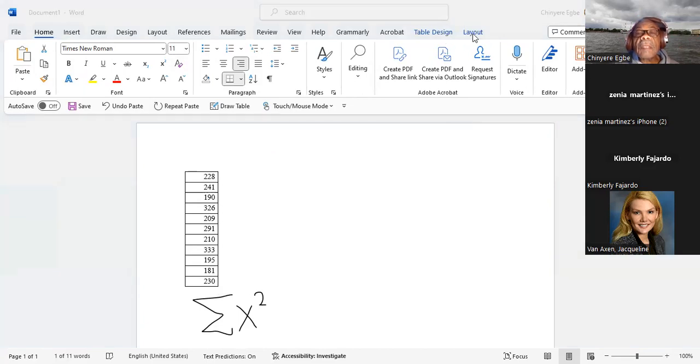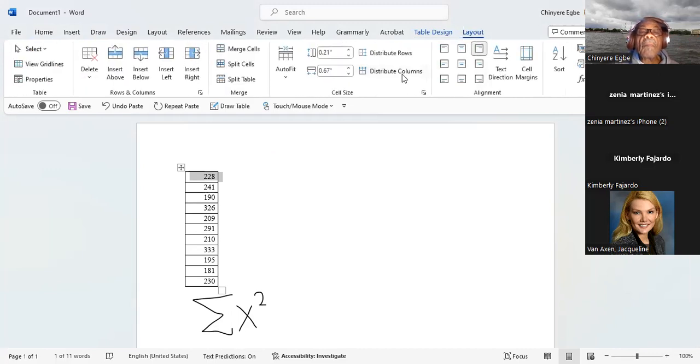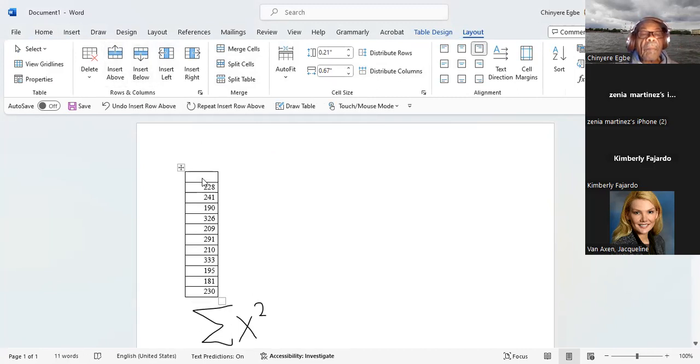So how many miles? The first passenger drove 228 miles, another 241, 190, 326, 291, 210, 333, and so forth.